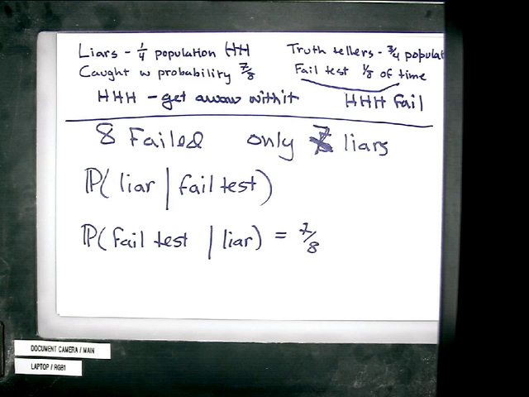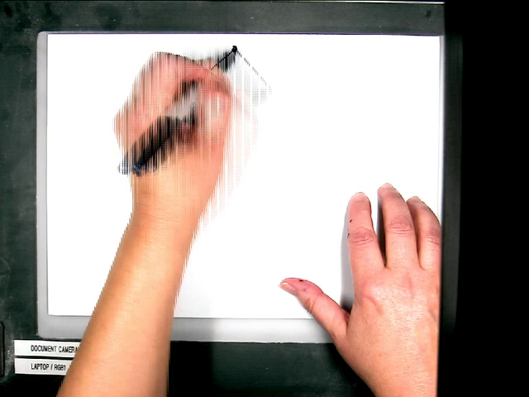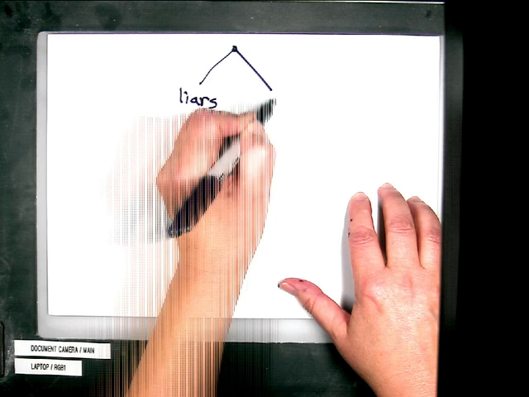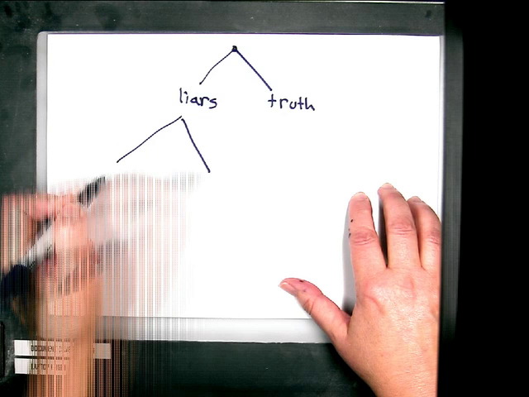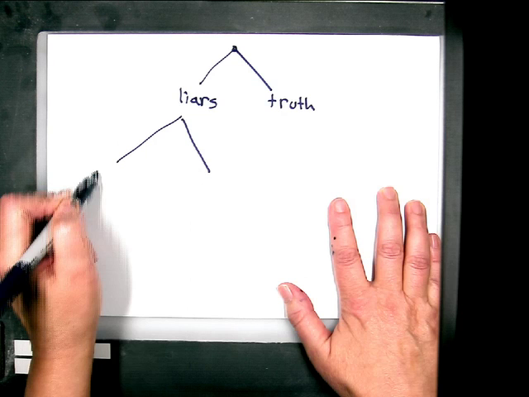Let's see how much time we have. I know I left you with a problem for the weekend, and we haven't gotten a chance to get to it. So let's see if I can really quickly do this. We have the liars and the truth tellers, and then you either fail the test or pass the test.